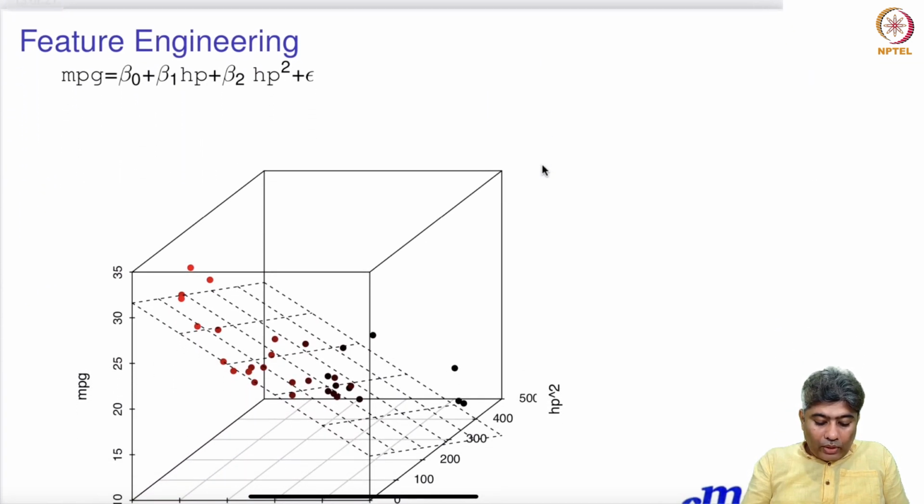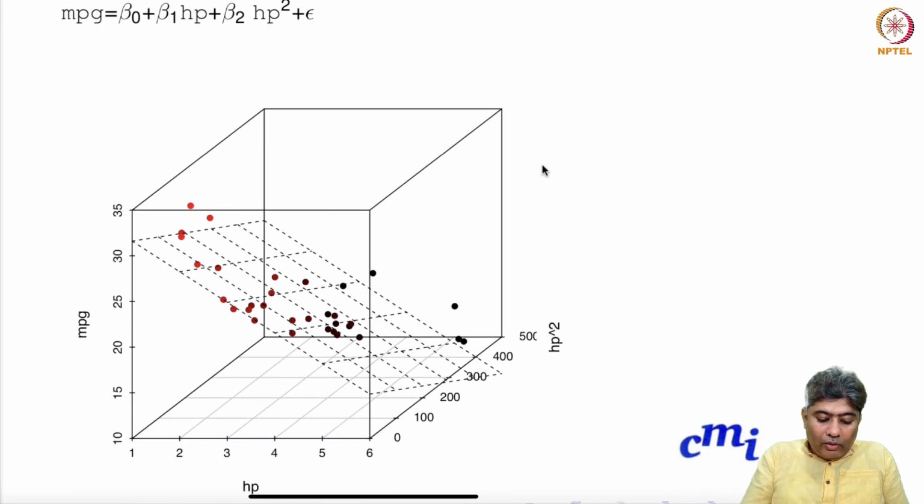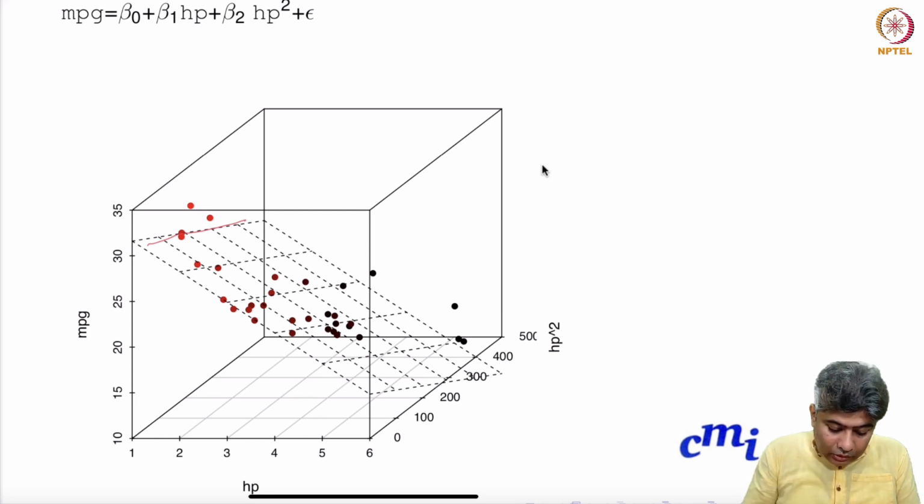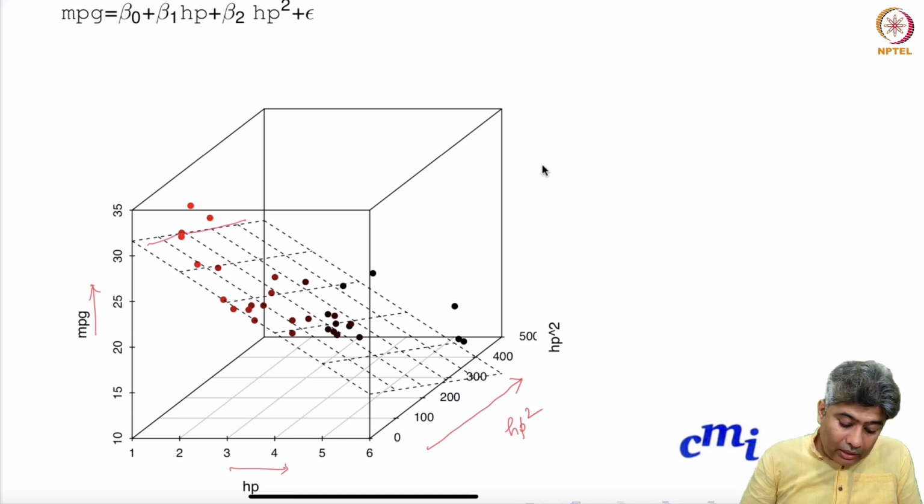And if you do that, you will fit a plane. So what are we actually doing? Essentially my data is in two dimensions, the x-axis and y-axis. We are engineering a new axis called horsepower square, and then we are fitting a hyperplane in 3 dimensions.